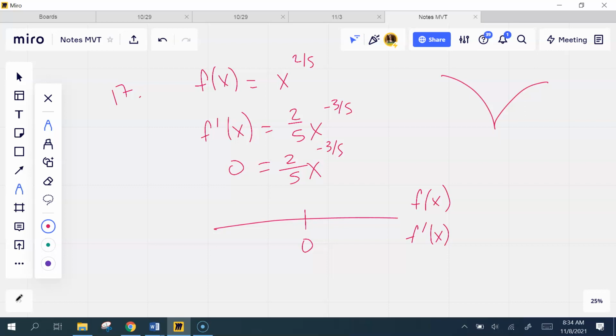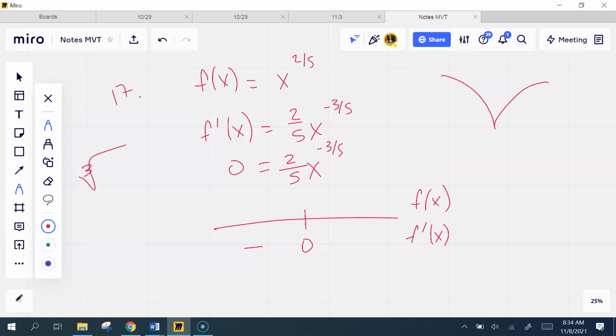And so if I tested this, whenever it's negative, what's my sign going to be? Negative? I got an odd exponent here on an odd root, so odds keep the same sign that they start with.